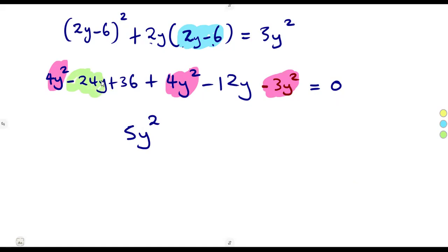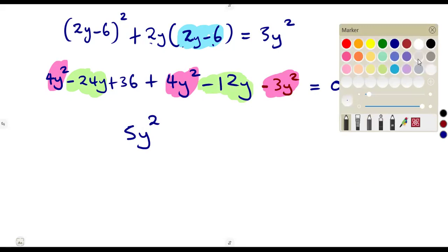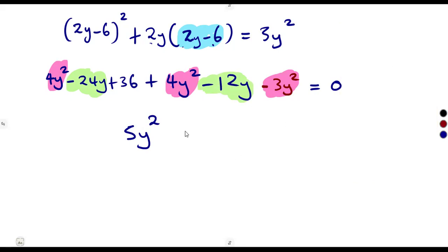Minus 24y here, and this minus 12y here. These are like terms. So you're going to combine these two. So minus 24 minus 12 is negative 36. So we've got negative 36y. And this is just positive 36, which is equal to 0.